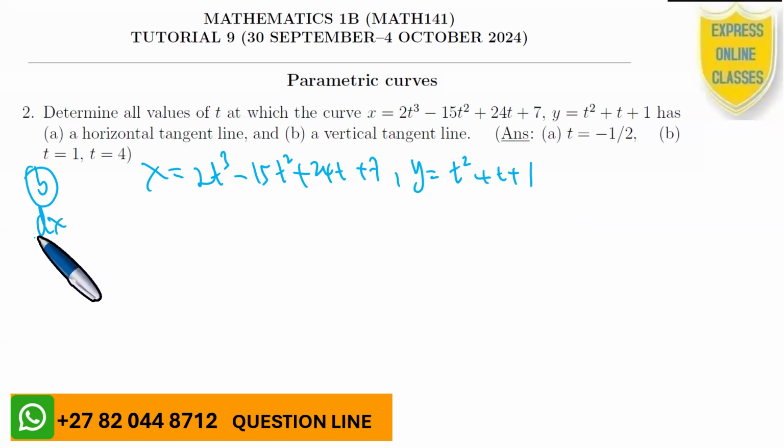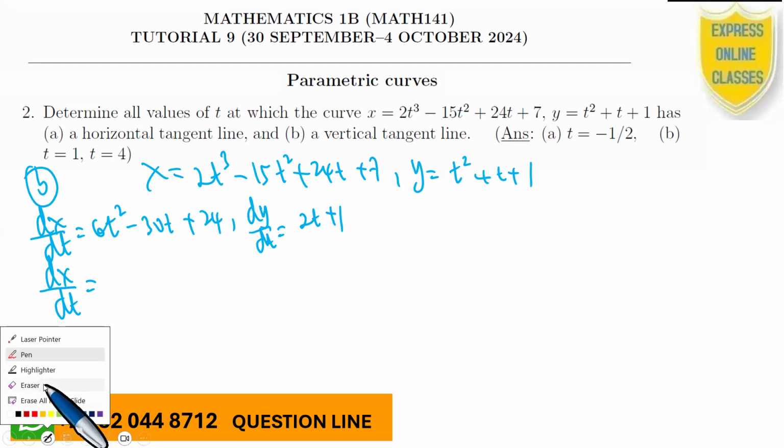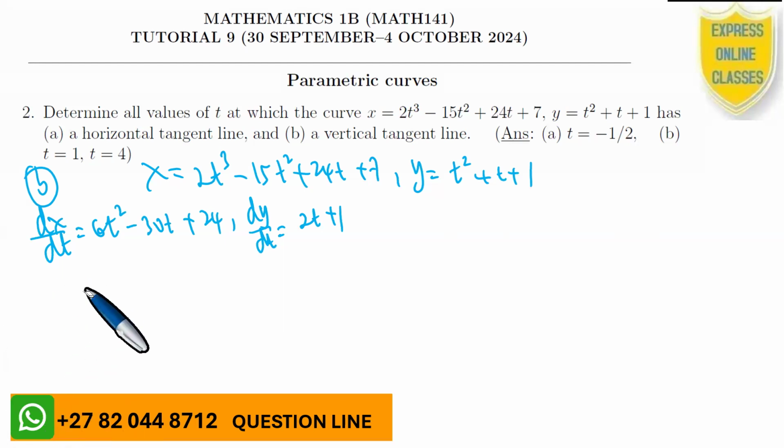Let us find dx/dt: 6t squared minus 30t plus 24. dy/dt: 2t plus 1. Then dy/dx, like we did.